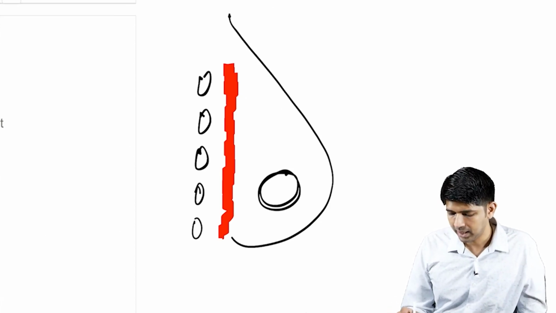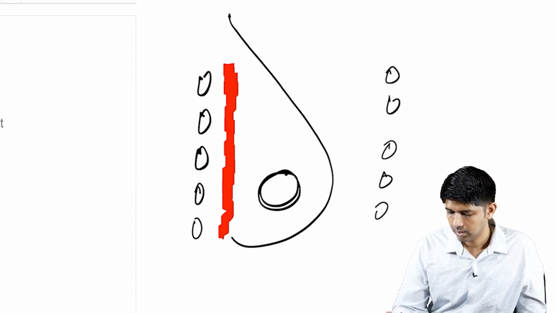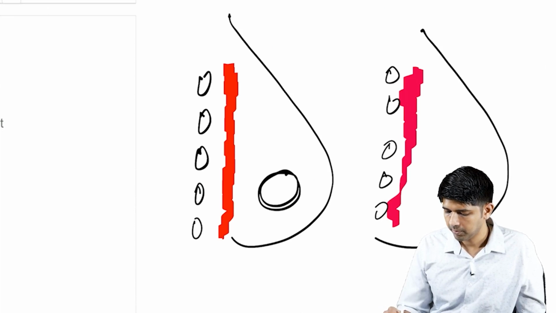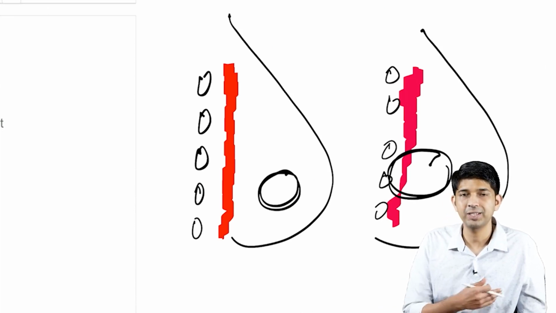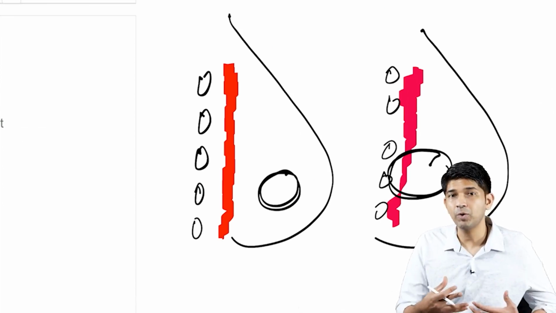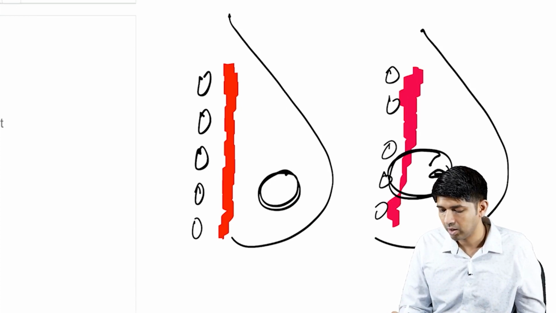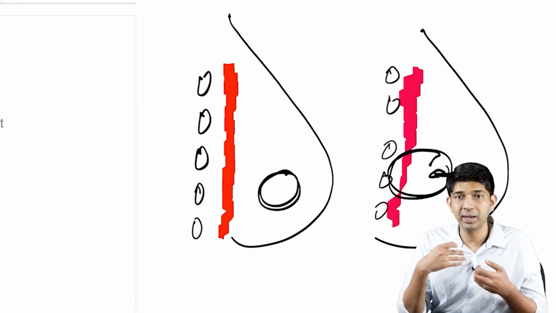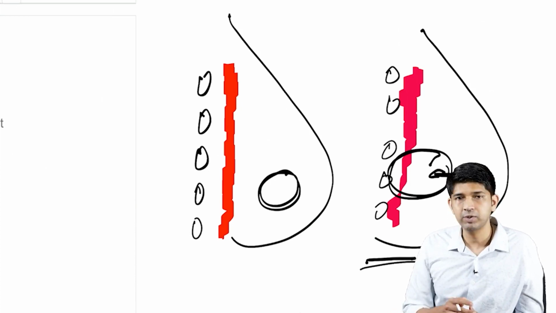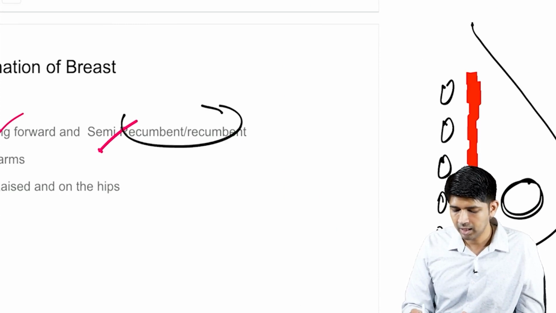But if the lump has gone posteriorly, beyond the pectoralis major, if it has involved the chest wall, when you ask them to bend forward, the breast will not fall forward because it's hanging. Alright, the carcinoma is holding the breast, preventing it from falling forward. So you're going to look for infiltration of chest wall when you're asking the patient to bend forward. Next is the recumbent position.